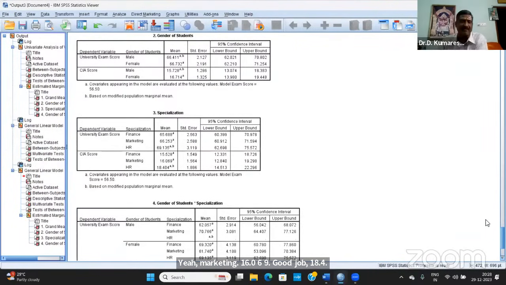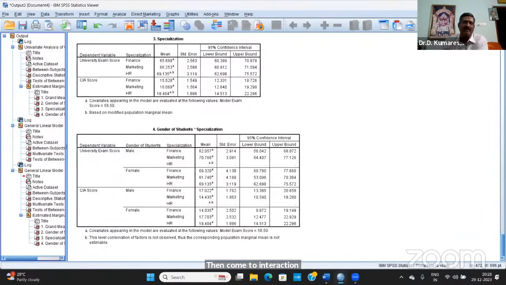Then come to interaction. This is the last output. Gender-wise, specialization-wise, and the dependent variable-wise. Finance male students 62.057. Marketing male students 70.76.